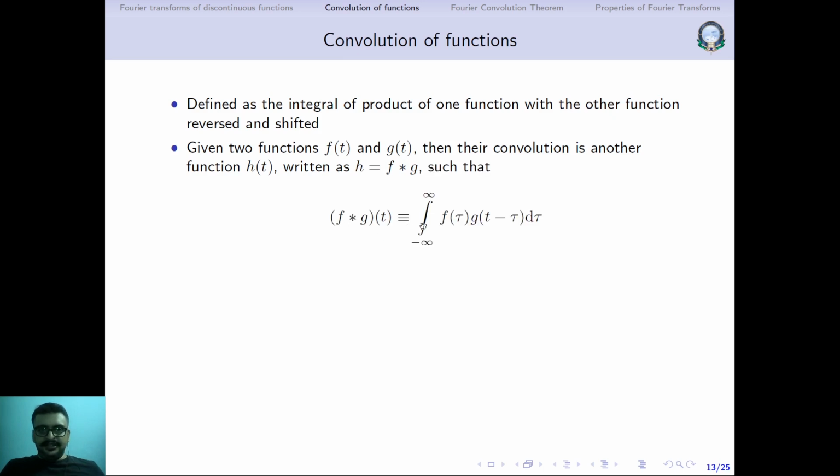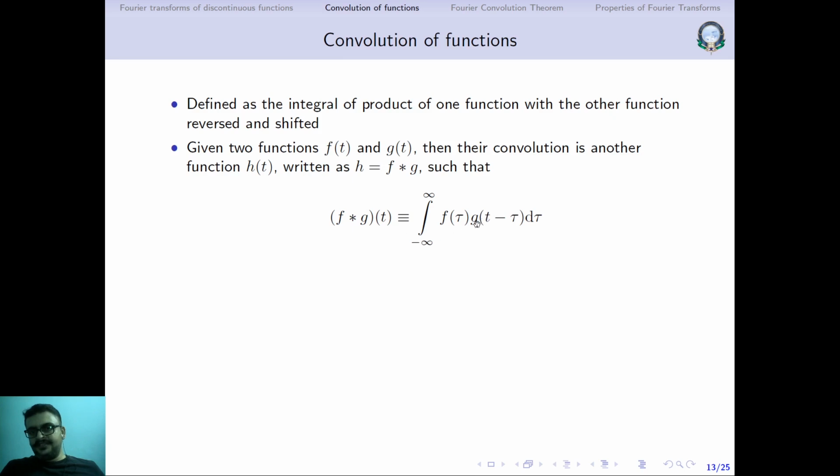It is defined in this way. You take one function and use a dummy variable tau. The other function, you first reverse it by putting a minus sign. Just refer to one of the lectures on the Heaviside step function. You put a minus sign in front of the variable tau, which means you are reversing the function, and then you put another quantity, t, which means you are shifting it.